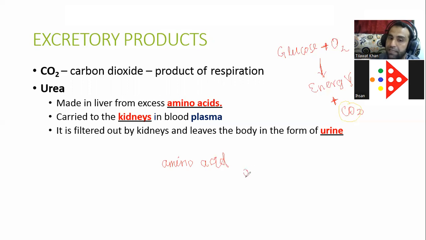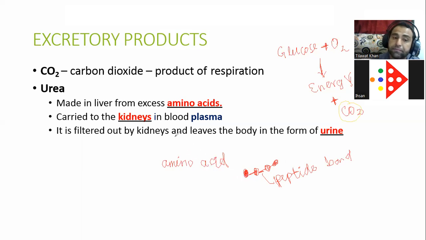The smallest unit of protein is called an amino acid. Several amino acids are joined with each other by a bond, called a peptide bond or amide linkage. By peptide bonds, all these amino acids form what? Protein. You got it?